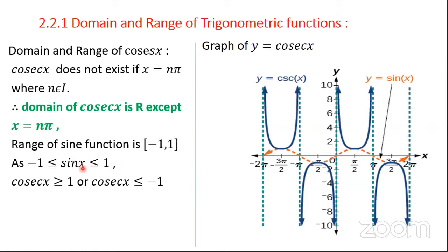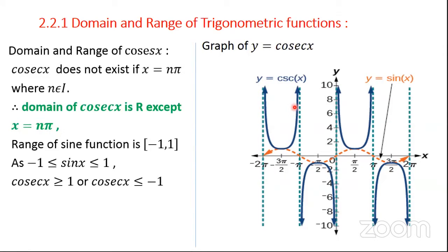Therefore, cosec x has values either greater than or equal to 1, or less than or equal to -1. By considering these possibilities, we get the graph of cosec x. So you can see this blue line graph for cosec x. Here we can easily differentiate the graph of sin x and the graph of cosec x.